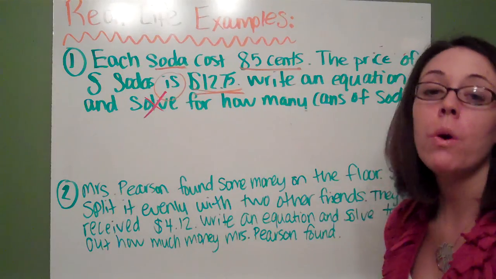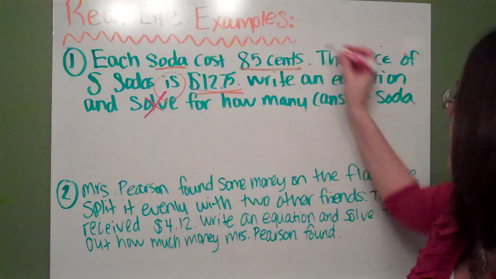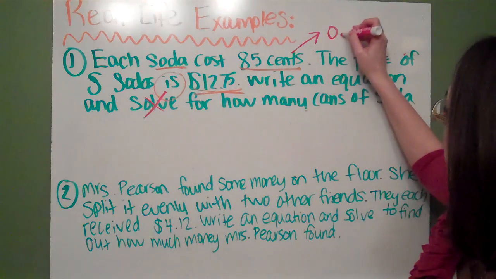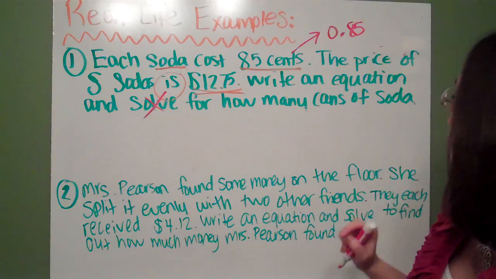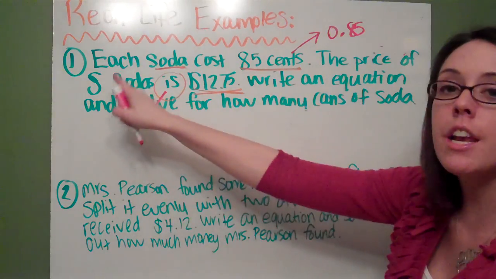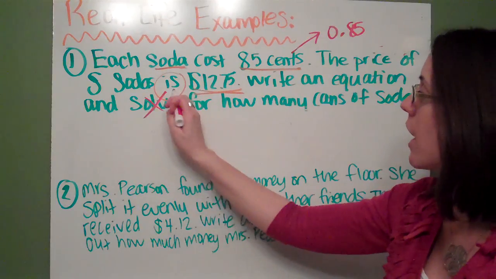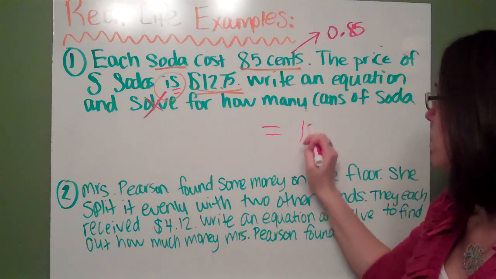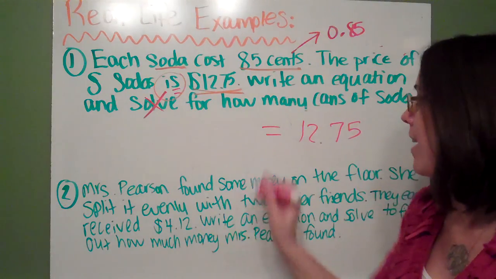All right, we know a couple of things. We know that each soda is 85 cents. That can be written 0.85. That's how you write 85 cents. We also know the price of an unknown amount of sodas is $12.75. We're going to use our equal sign. We know it equals $12.75. Well, what equals $12.75?